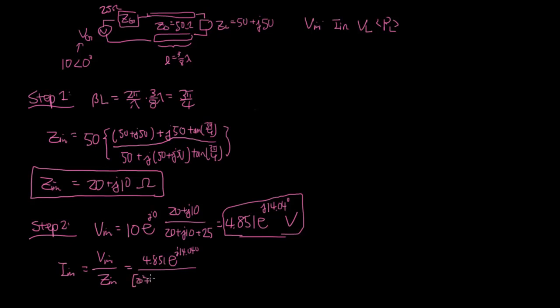So square root of 20 squared plus 10 squared, e to the j, and you'll take the arctan of the imaginary over real. And if you work through that, you'll find that it is 0.2169 e to the j12.53 degrees amps.